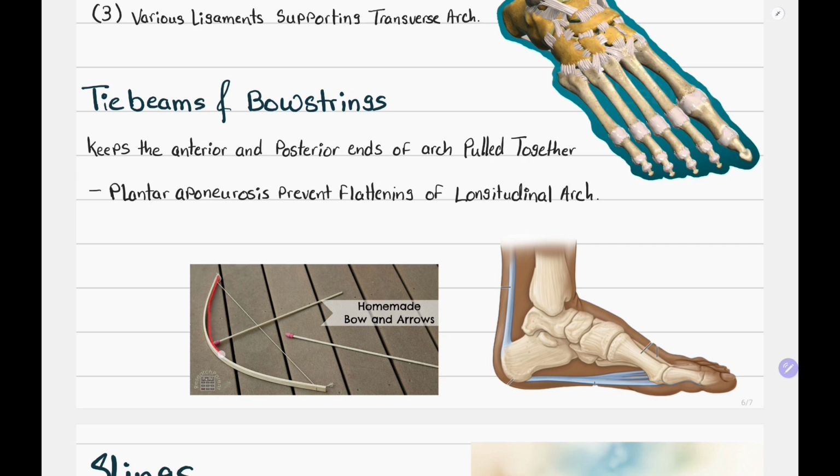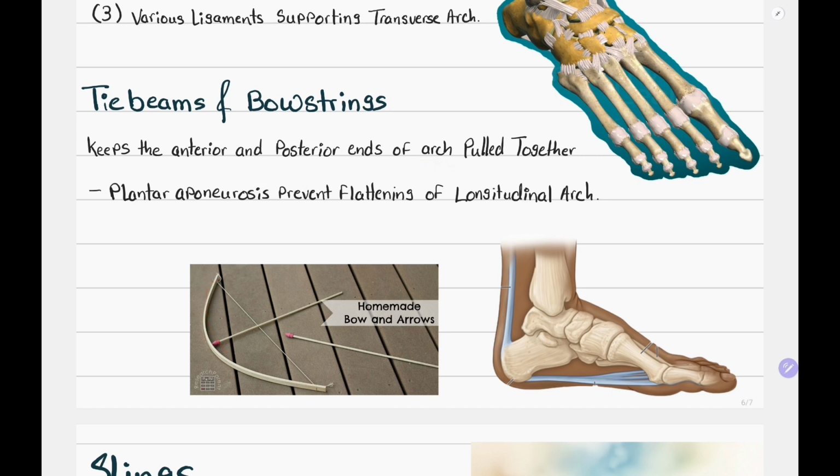The shape of the bow is maintained with the help of this string. The tension in the string maintains the curvature of the bow. If I cut this string, the bow won't be the bow itself, rather it would become a straight, simple stick. So the bowstring helps in maintaining the curve or arch of the bow.